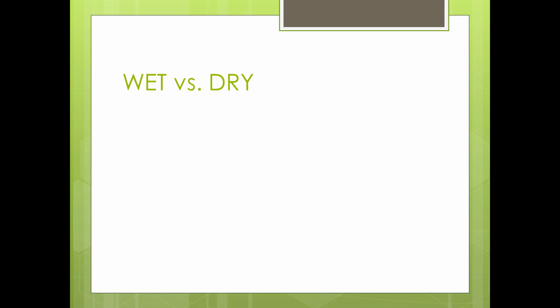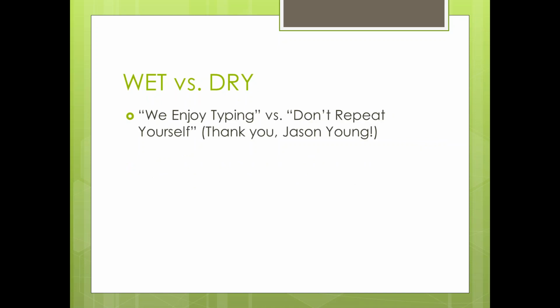I also need to introduce the concept of wet versus dry development. And I have a little shout out here, a thank you to Jason Young, who brought up these terms in a presentation at last year's Pause on Error. WET stands for We Enjoy Typing, or alternately, write everything twice. So that's the type of development where you're doing maybe even some hard coding.